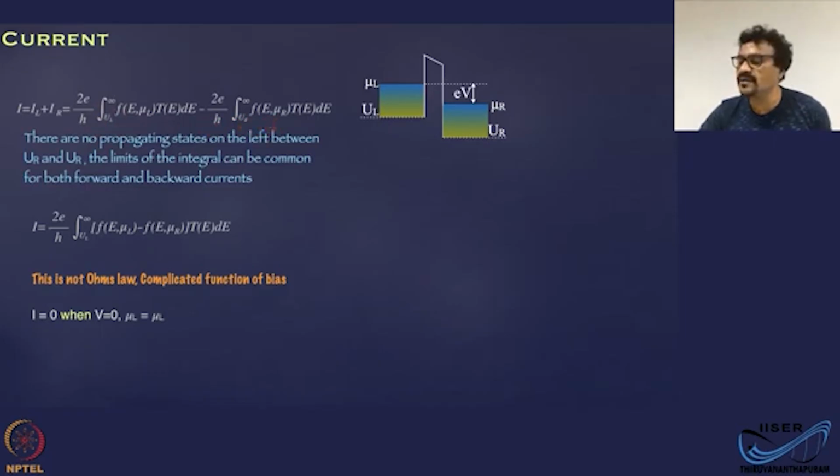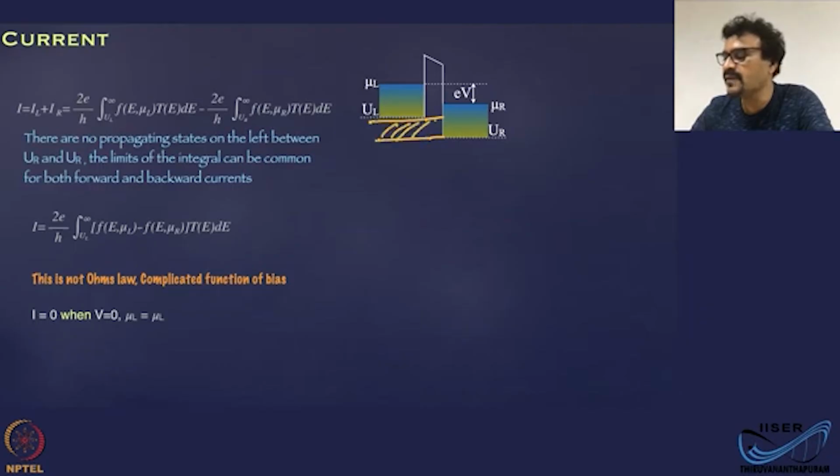But remember, if you look at this energy diagram across the device, states in this energy window don't contribute anything because there are no corresponding states available here. So you don't need to worry about integrating the right-hand side in this range UR.